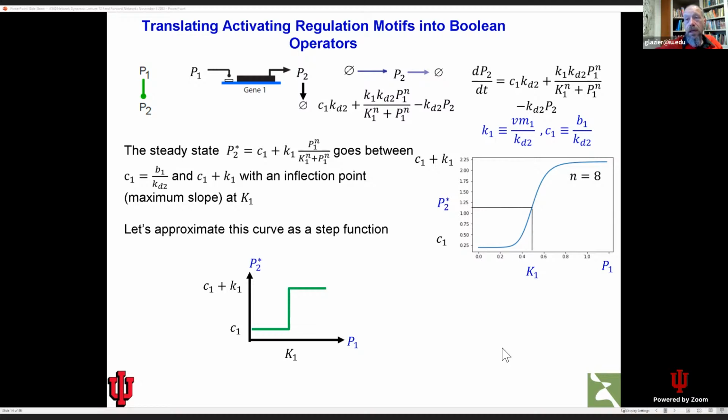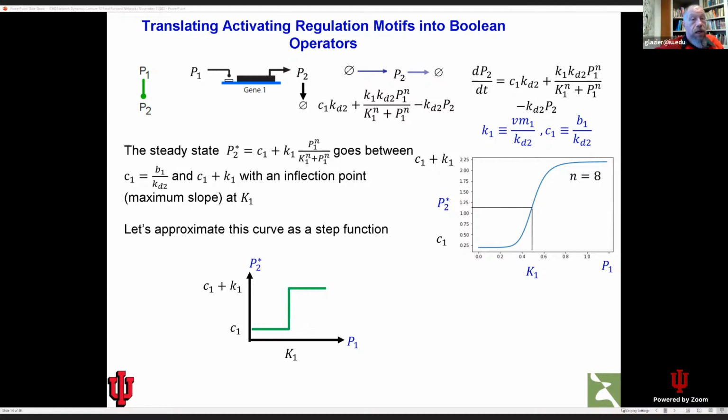And so if I imagine my Hill exponent getting to be very large, then if P1 is less than K1, P2 star is 0, or the basal rate of transcription. And if P1 is bigger than K1, then I get my maximal rate of transcription. Something like this, a step function.